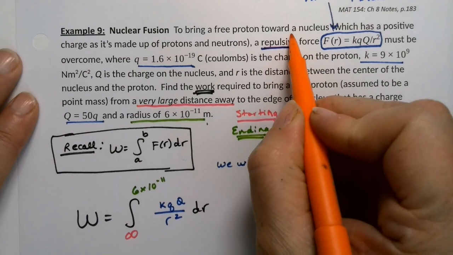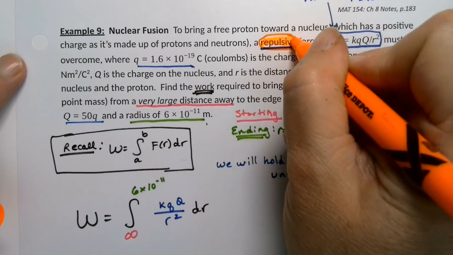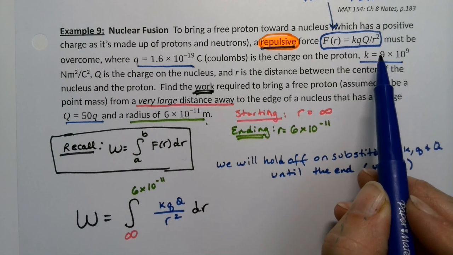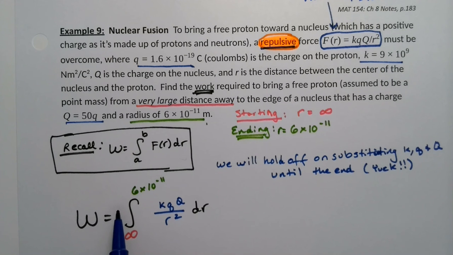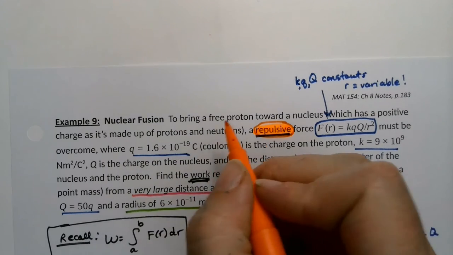Because it's a repulsive force, we have to fix that one of two ways. We either have to make the constant k negative, or we have to make the integral negative, because it's repulsing, so the force is negative. Repulsive means that as r goes to infinity, the force goes to zero, and as r goes to zero, the force goes to infinity.